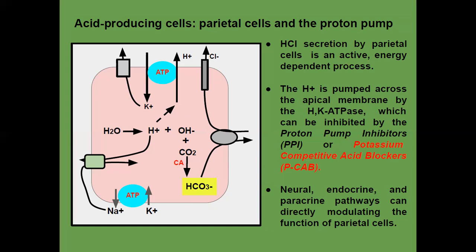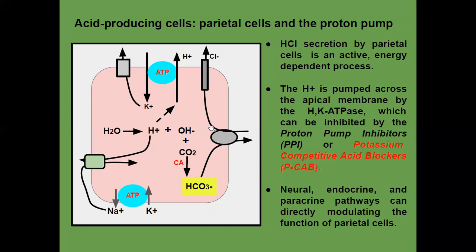But since the bicarbonate concentration should not increase dramatically, the bicarbonate ion will move out of the cell by this exchanger. Simultaneously, chloride ion from the interstitial space will move into the cells by the exchanger.